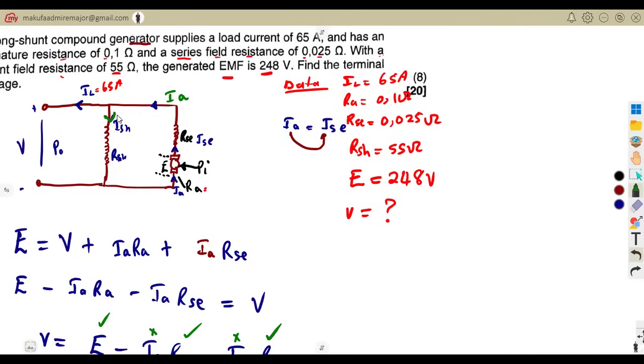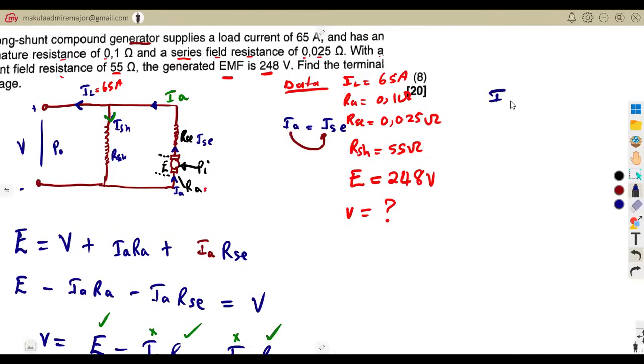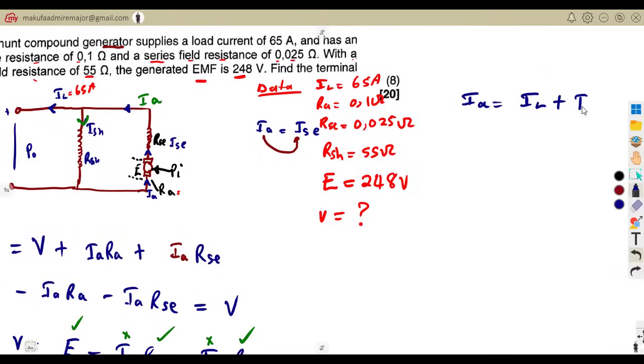Another current flows here, another current goes to the load. So armature current is the sum of the load current and that of the shunt field. We have that of the load, which is 65, but we do not have that for the shunt. So we're now forced to calculate for the shunt again.